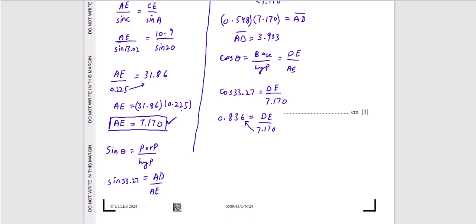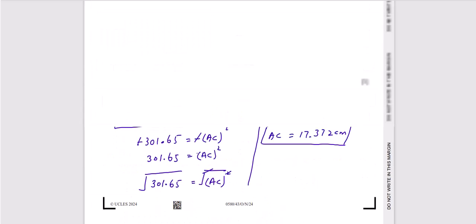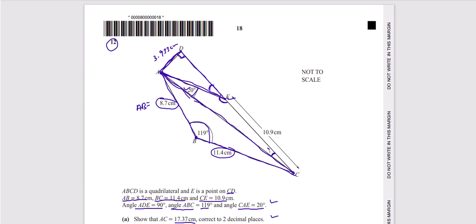Multiply this value, so DE is equal to 6. So DE, this side, is equal to 6.